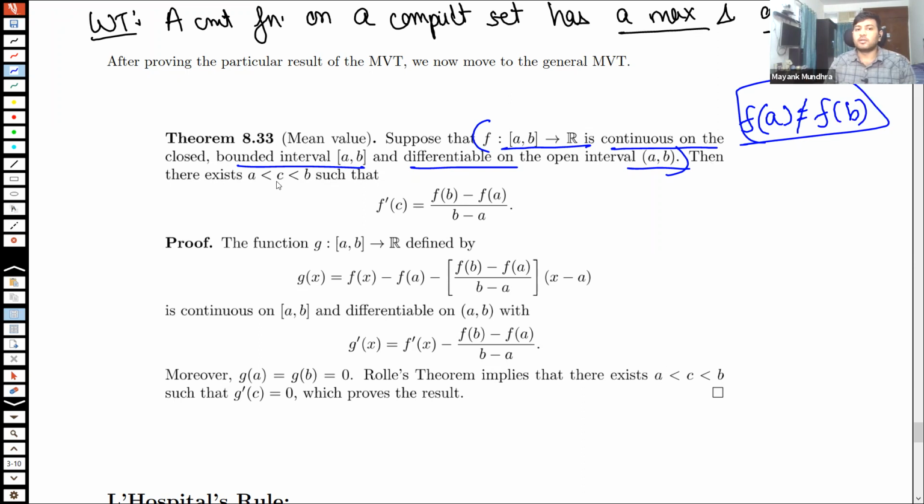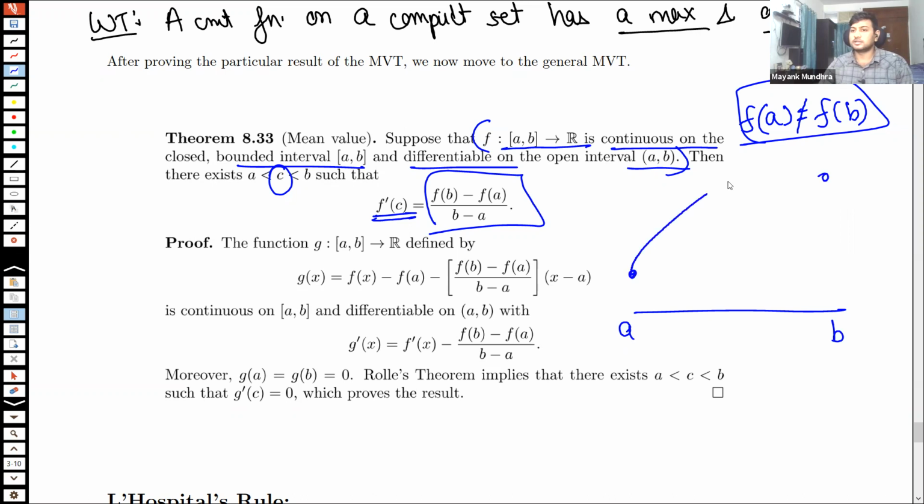Then there exists an intermediate point such that the slope at that intermediate point is basically f of b minus f of a upon b minus a. So what this means is, suppose you have some a to b and your function looks like this, let's say.